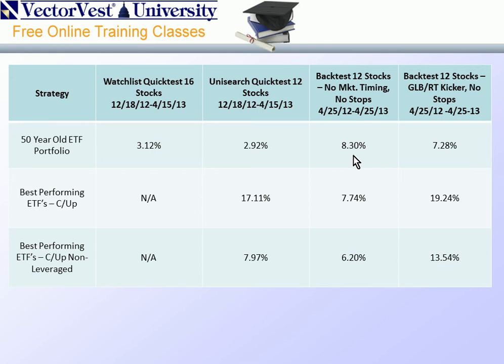Our initial backtest was at 8.3, and the market timing took those returns down but did increase the look of our equity curve. And below that, you can see the results for both the best performing ETFs confirmed up, leveraged and non-leveraged. Since they're not in a watch list, the first quick test was not available. And then you can view the results for yourself as we went over the various time frames and added in those market timing signals.